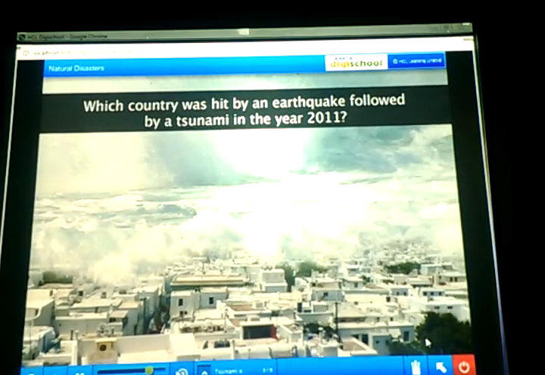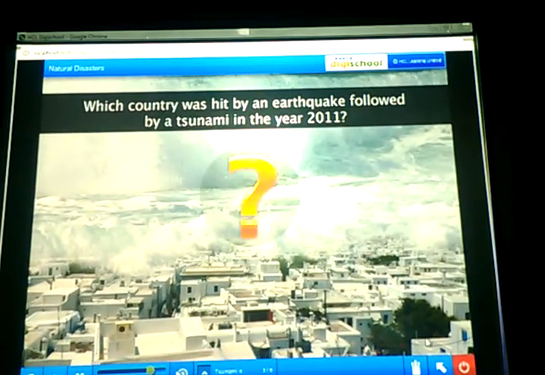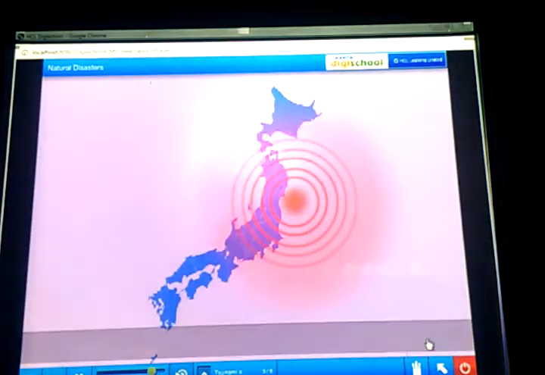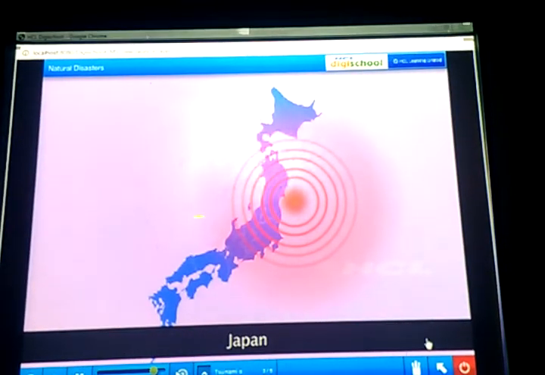Which country was hit by a tsunami in 2011? The disastrous Japan earthquake that occurred on March 11, 2011 was followed by a tsunami that had a devastating effect on many coastal areas of the country.